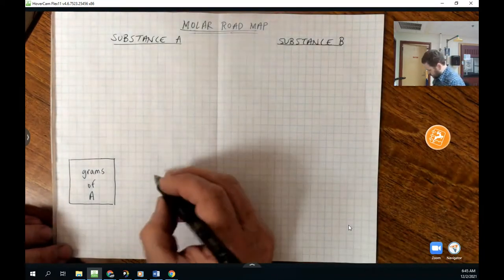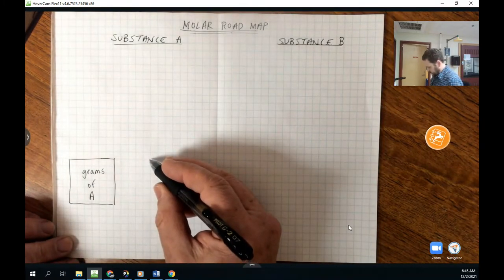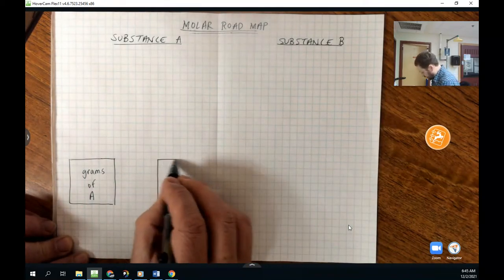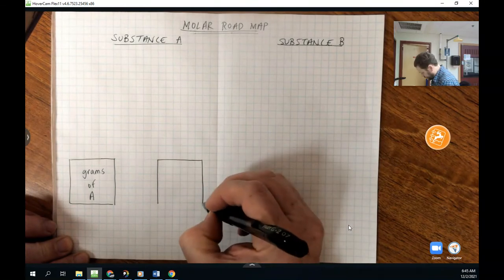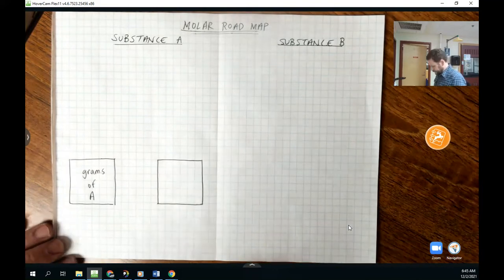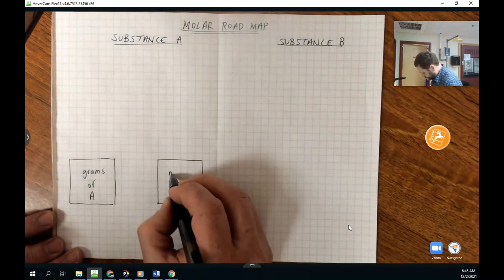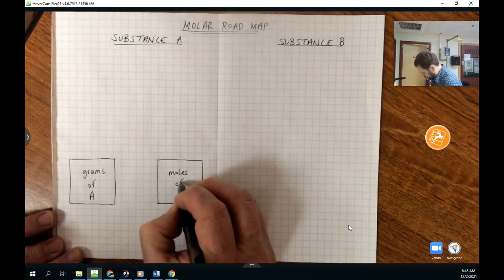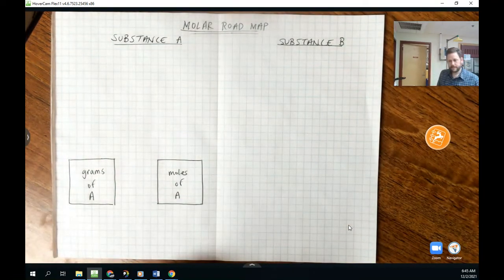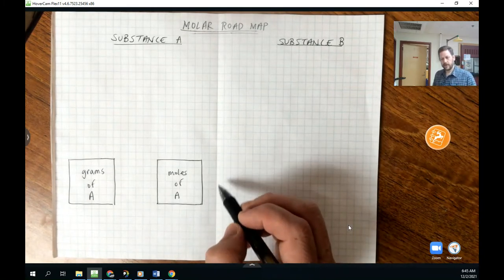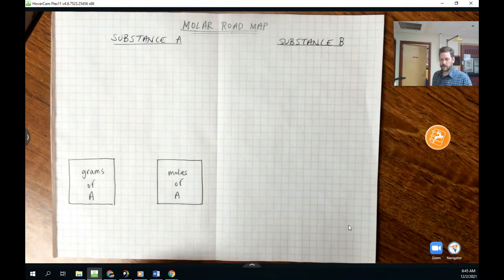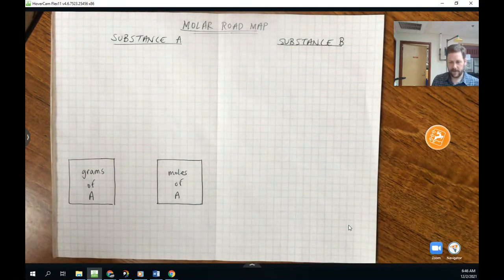And we're going to draw another box just about the same distance away, which is going to be labeled moles of A. Now I've left a little room between moles of A and the center of the page because the right-hand side of this page eventually will be a mirror image of the left-hand side.